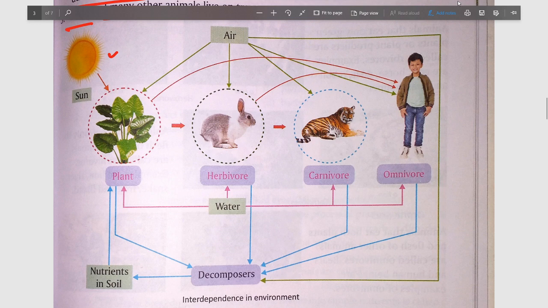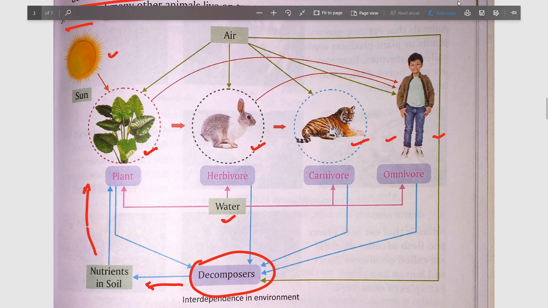Also we can say that all these plants and this animal use water. Also plants, animals, and human beings are decomposed by the decomposer, and the decomposer produces nutrients in the soil, and these nutrients are then obtained by the plants.